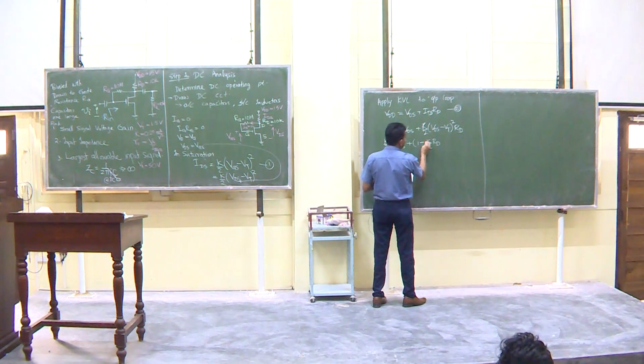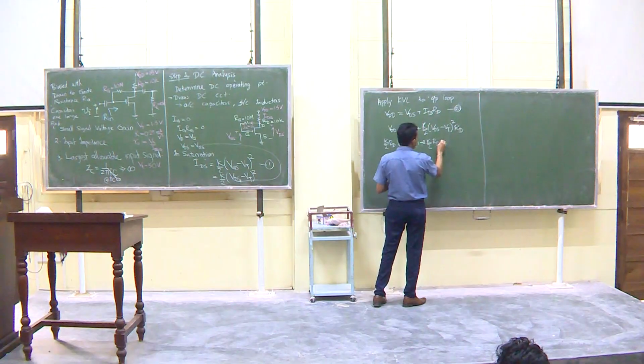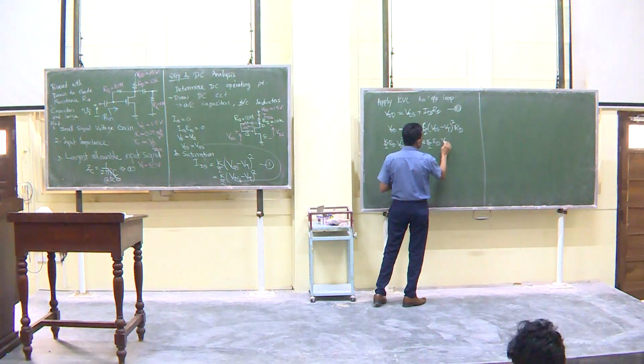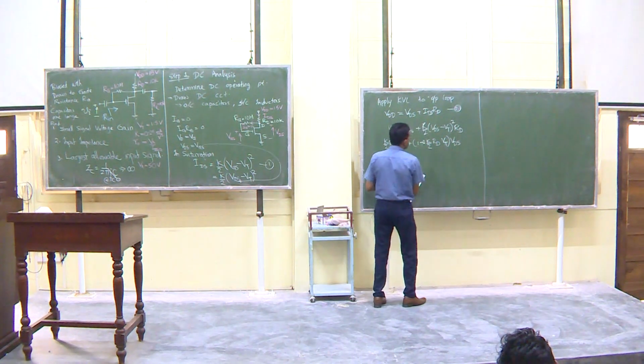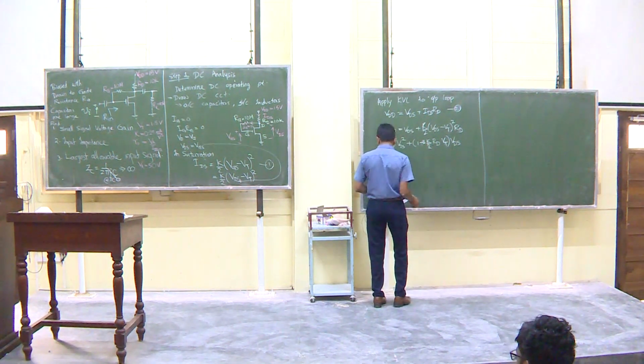So, you have a negative, you have 2 times this term times the Vt term. Yes, okay. So, this cancels.